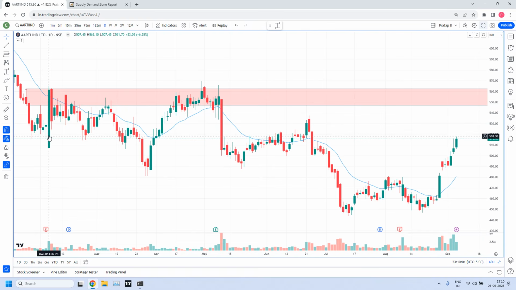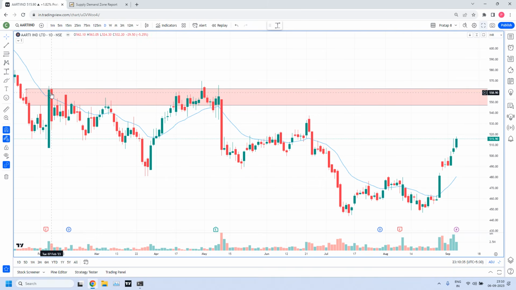Again, after a couple of days, once again price got into the zone and it consumed all the pending orders. Supply zone is having sell orders, so it consumed all the sell orders and went out of the zone and again came back, and finally price closed inside the zone.